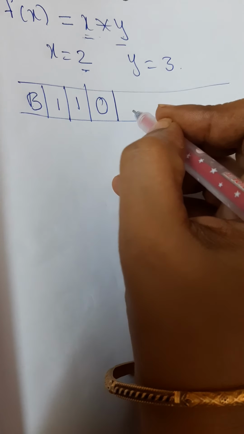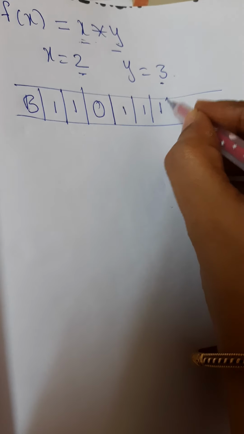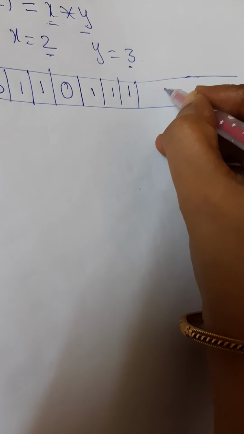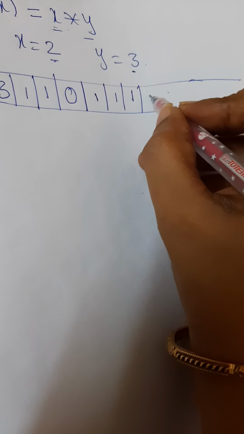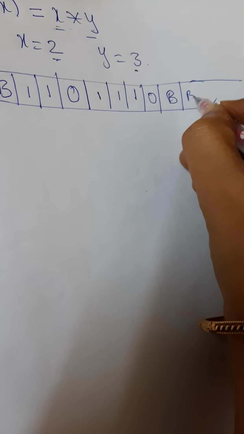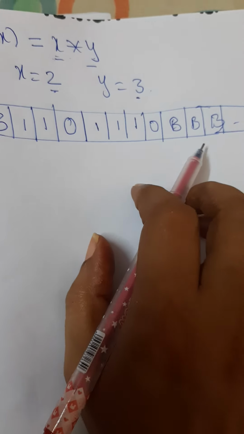The x and y are separated with 0 as a separator or delimiter, and y = 3 ones, and the remaining is blank. But here I'll take one more 0. I'll say why we are taking one more 0, and again all the other blanks we have in the input tape.